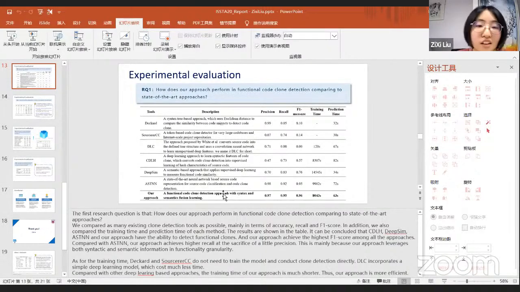We can't know. But we did our experiment on the data set we created ourselves, and the results are the same. So we think in the OJ clone data set, the students didn't copy the same source code.